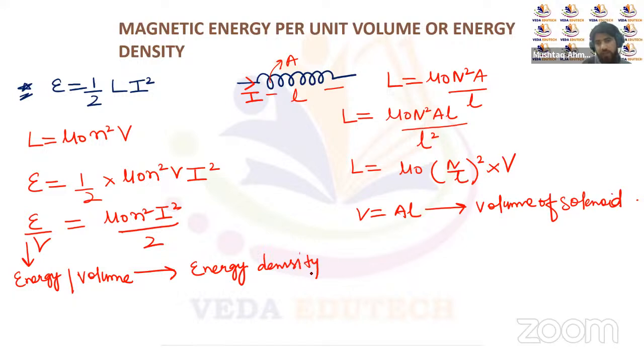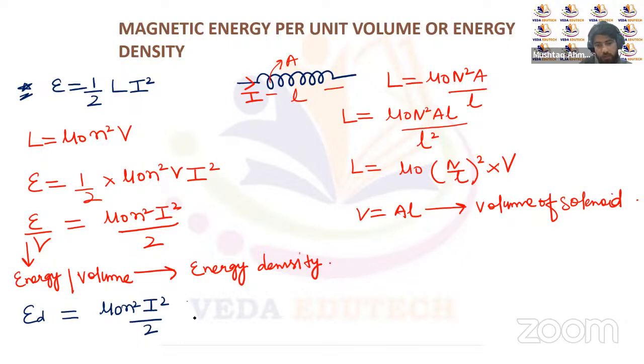So energy density is the energy per unit volume. Let's rearrange it. We can write it as ED, the energy density, equal to mu naught n square I square over 2.